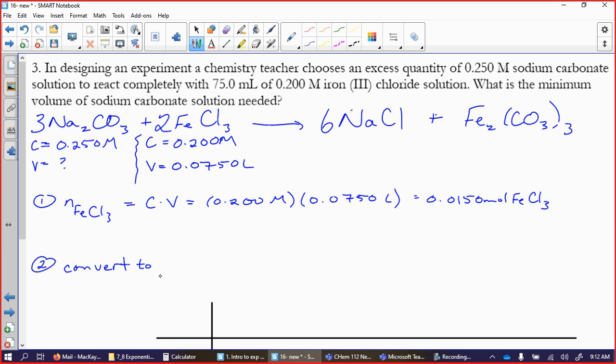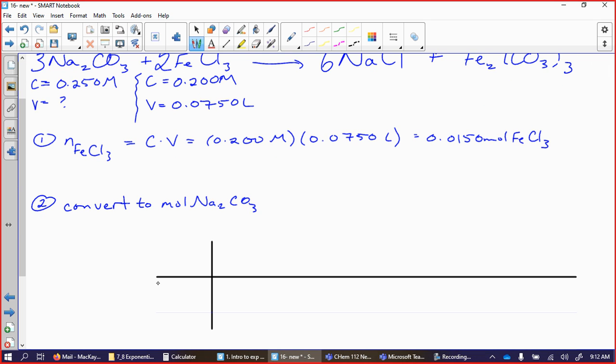Convert to, sorry. So we do our conversion, 0.0150. Oh no. I don't want moles of that, I want moles of the other.